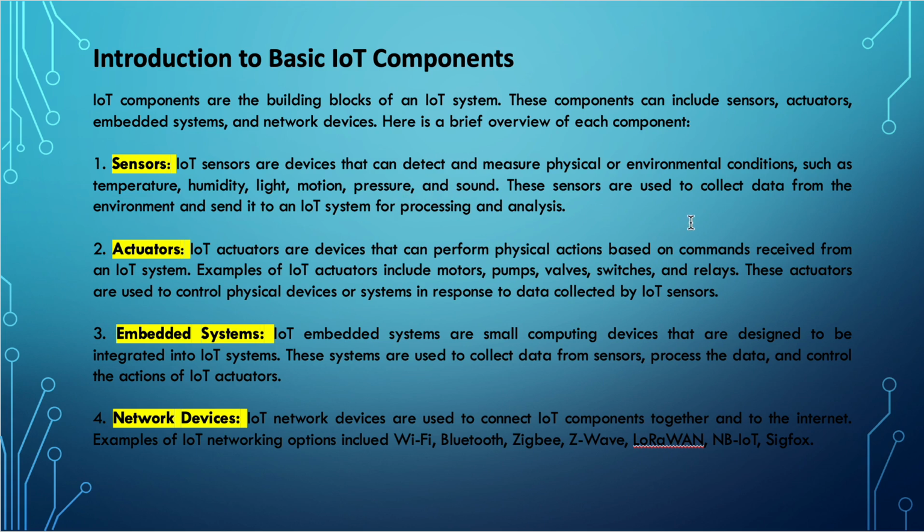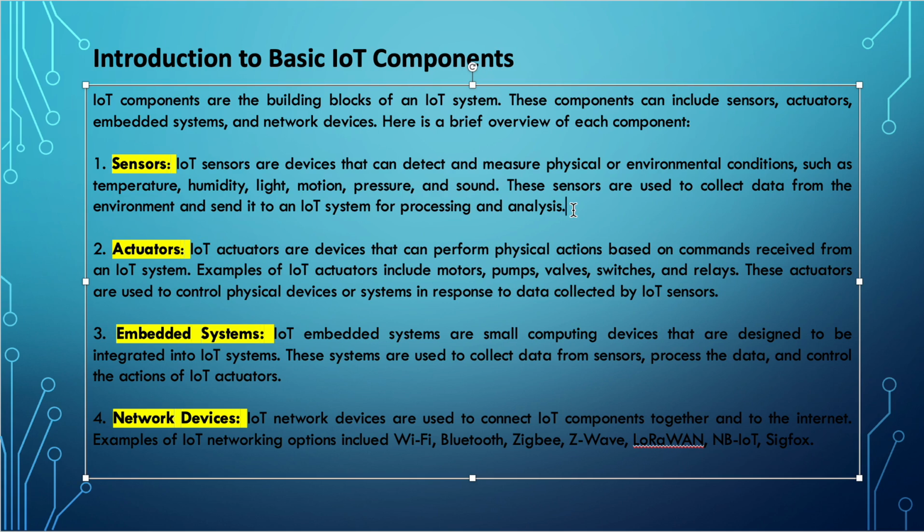These sensors are used to collect data from the environment and send it to IoT systems for processing and analyzing. Simple. These sensors detect and measure physical or environmental conditions, right? Sensors detect environmental conditions.